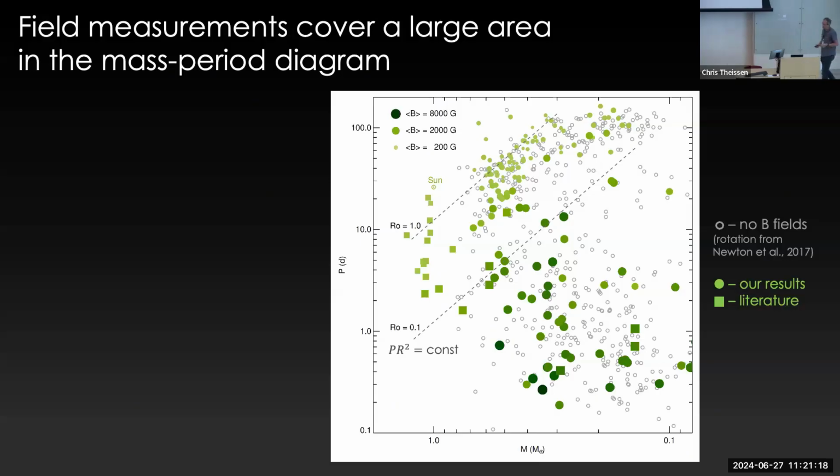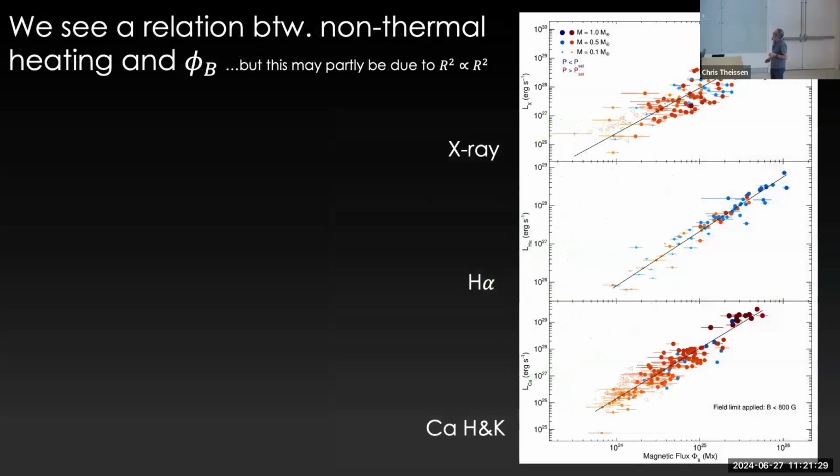And before we attend to that, I want to show you the non-thermal heating that comes out of different lines that you can measure, including X-rays, as a function of the magnetic flux. This is the same diagram as we've seen at the very beginning, where I said that the flux is proportional to R squared, so you can make the same argument here.